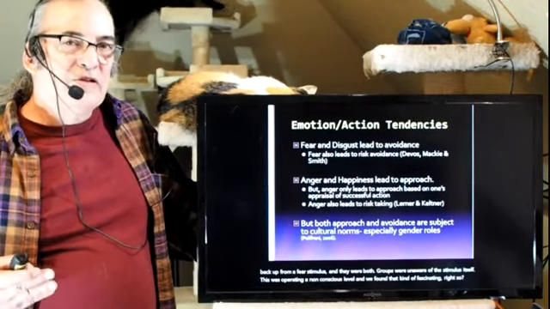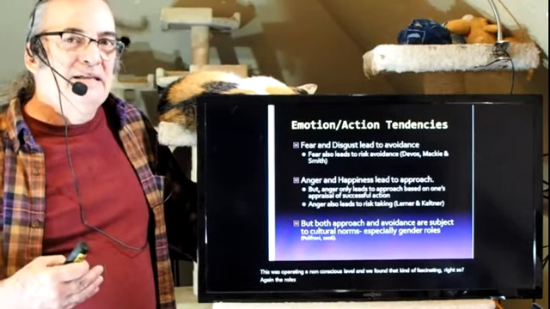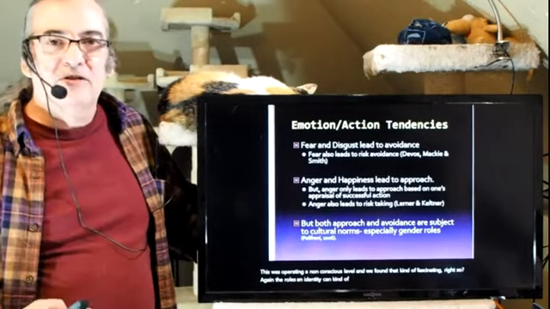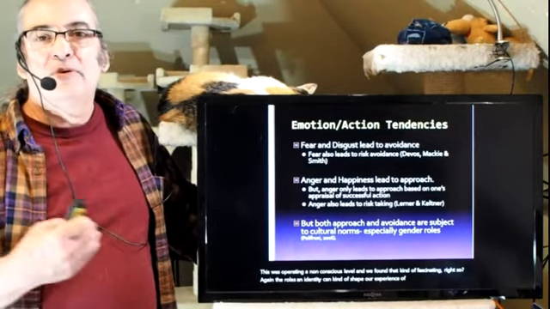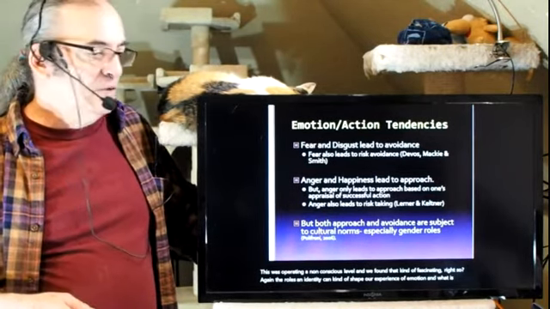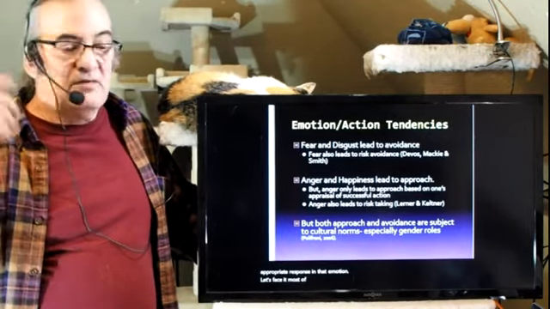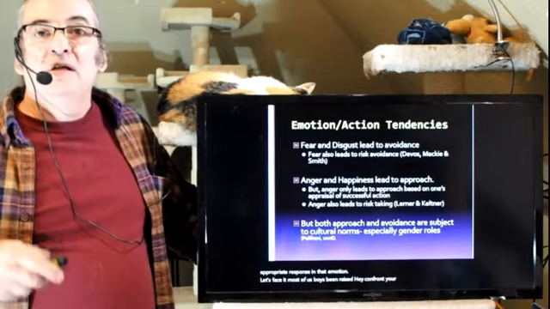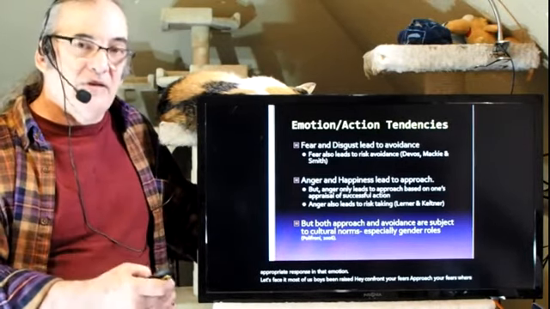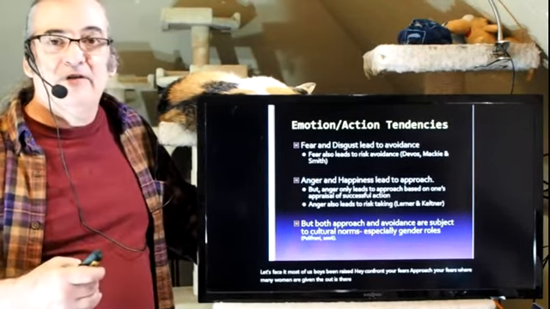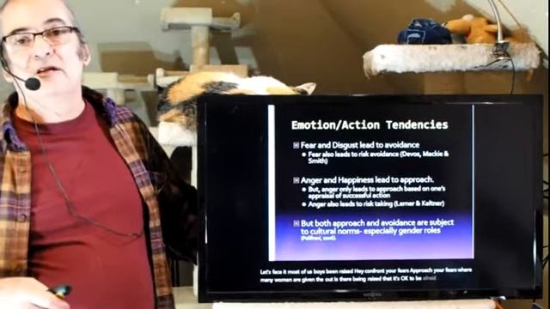So again, the roles and identity can kind of shape our experience of emotion and what is an appropriate response in that emotion. Let's face it, most of us boys have been raised, hey, confront your fears, approach your fears. Where many women are given the out as they're being raised that it's okay to be afraid and to rely on someone to protect you.